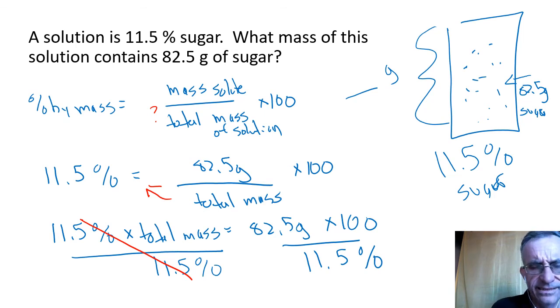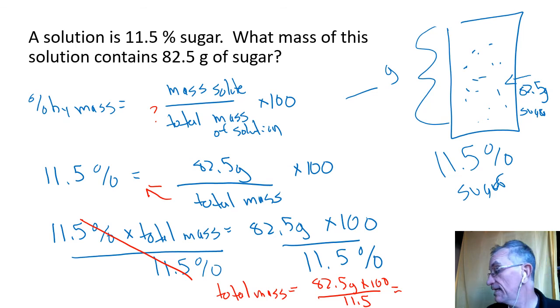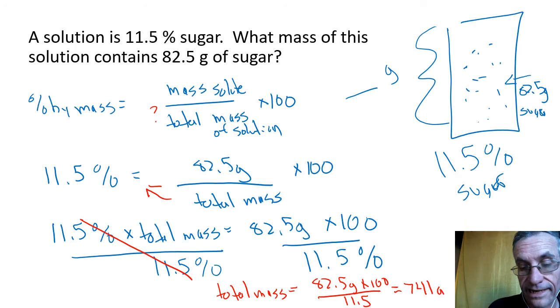So then you get the total mass is 82.5 times 100 divided by 11.5. All right. I think that looks right. If you work it out, you should get 741 grams. So what does that mean? What did I figure out?